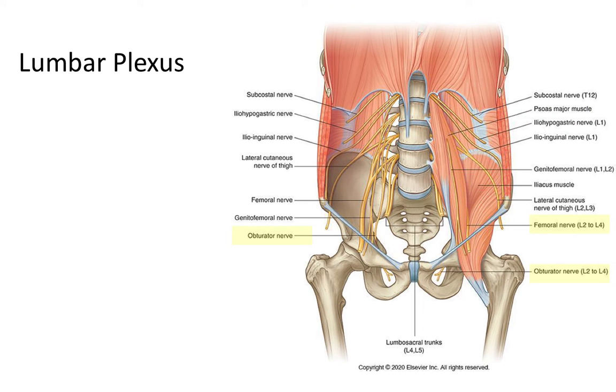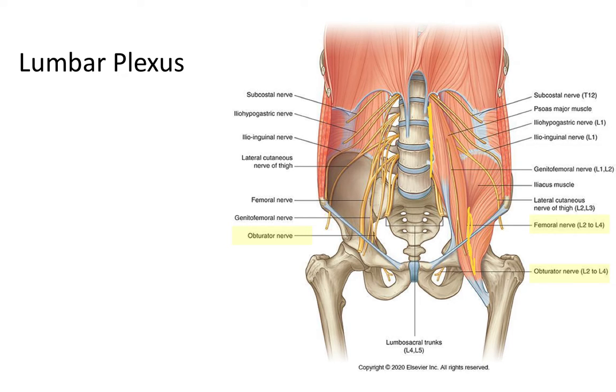All right, so what I want you to notice on this slide is that the lumbar plexus, we'll see back here behind the psoas major muscle, the psoas muscles. We combine the psoas major and minor. And the femoral nerve comes out around the lateral side and moves down along in between the psoas muscle and the iliacus muscle.